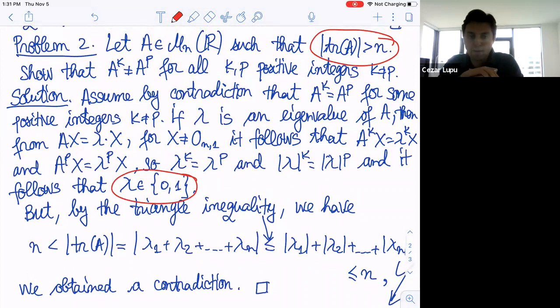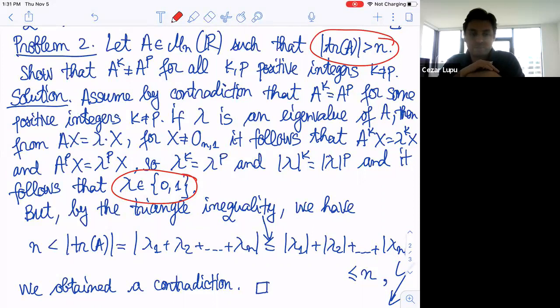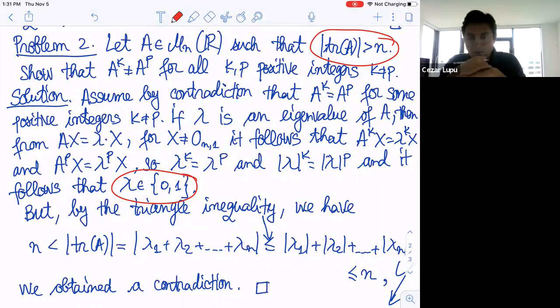It's clear now? Sorry, so you're saying that n less than n is the contradiction there, essentially? Yeah. n is strictly less than n. n cannot equal n is the contradiction at the end there, because it has to be less than n. Yeah, exactly.